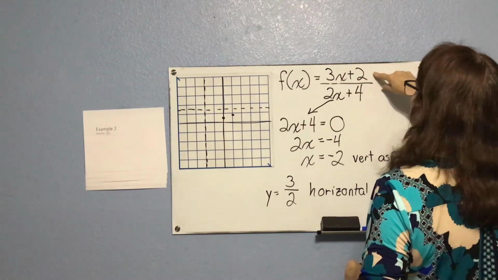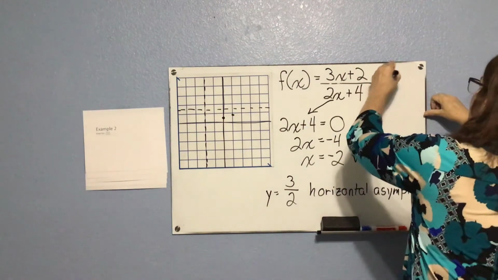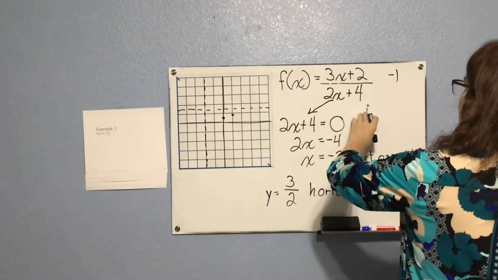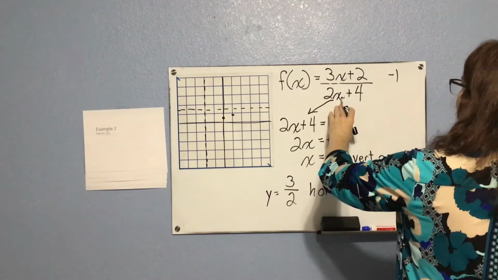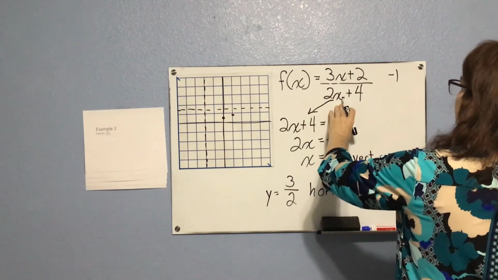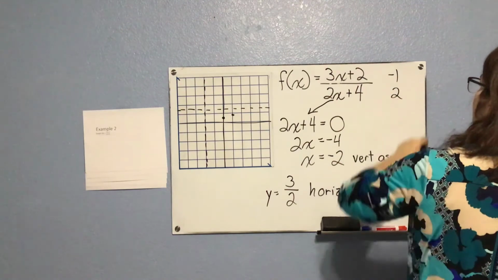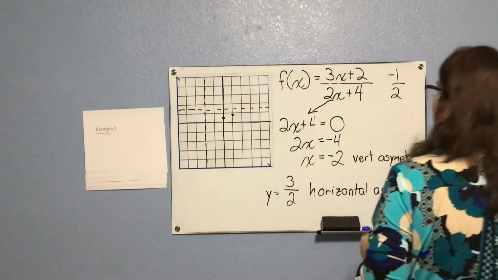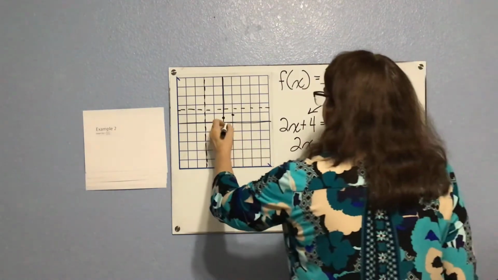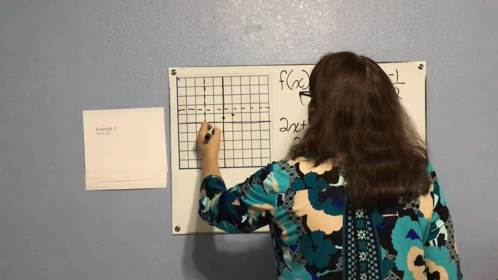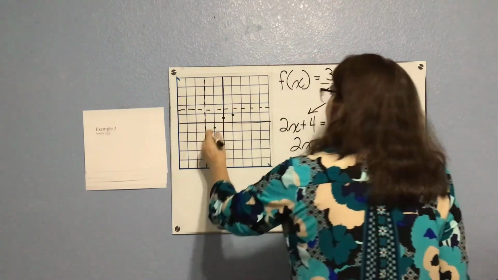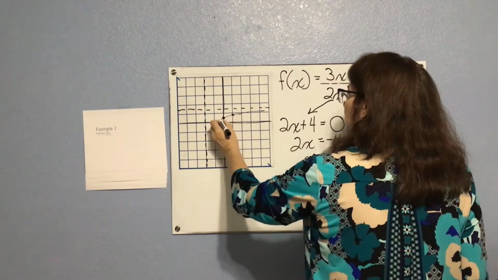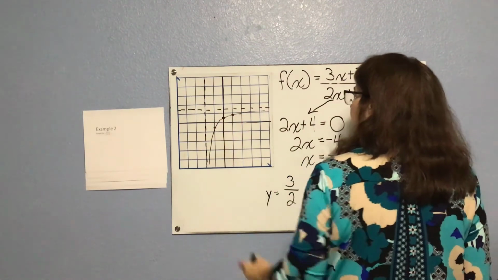Negative 3 plus 2 would be negative 1, and negative 2 plus 4 would be positive 2. So I would be at negative 1/2. So at x equals negative 1, I'm at negative 1/2. So I can see the beginning of the curve here, and I can just kind of sketch it in. Between the points and the asymptotes, I know pretty much what that looks like.